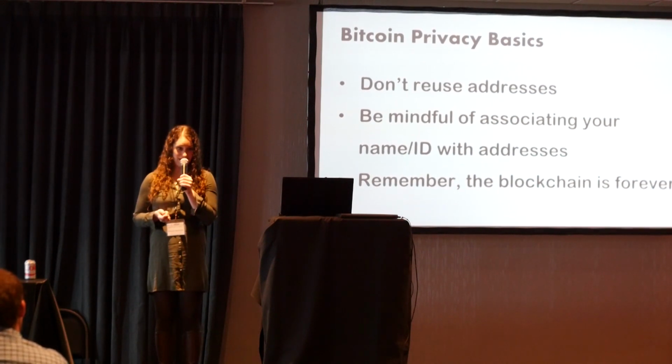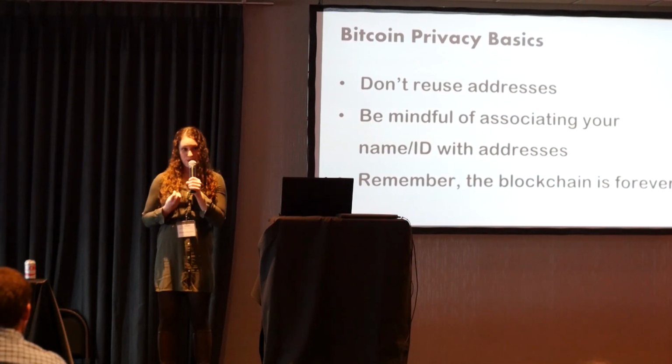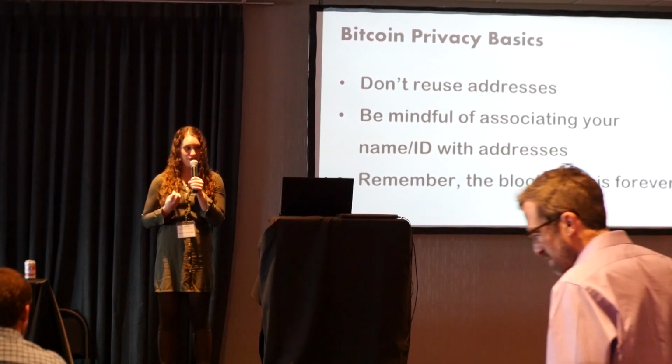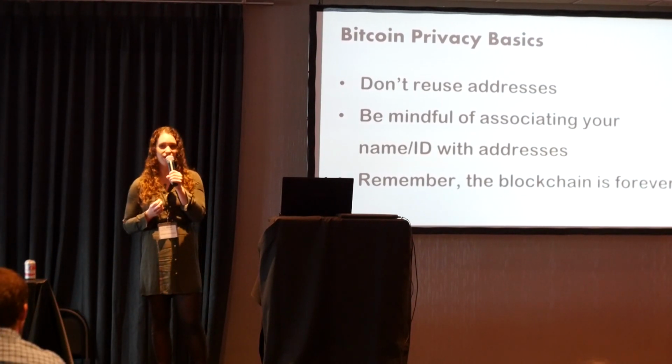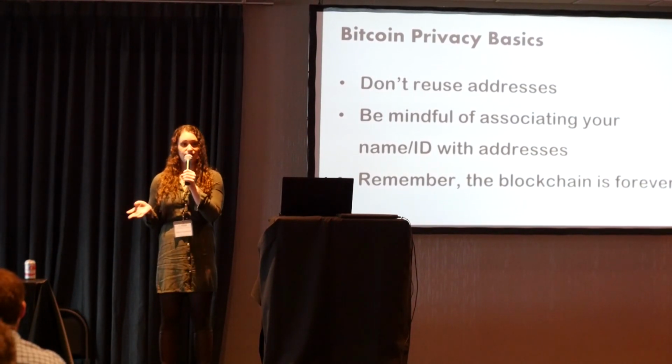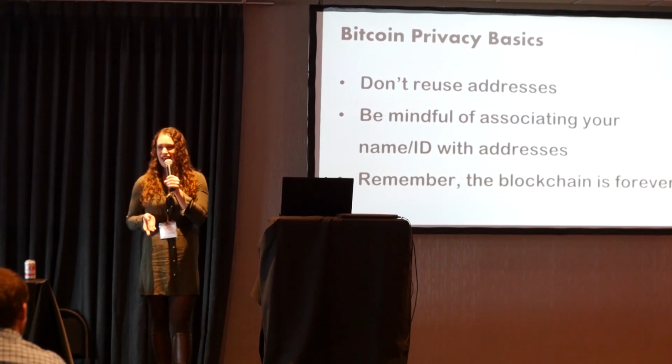And that's important. Just one sec, I'll get to your question. The blockchain is forever. So let's say you buy a book today, a book about Bitcoin privacy, let's just say. And that book is perfectly legal to purchase right now.